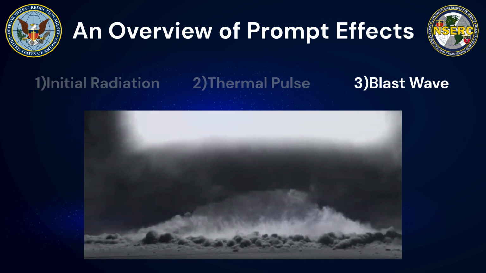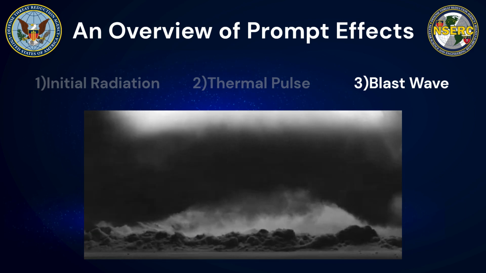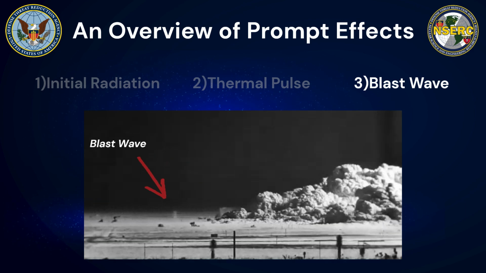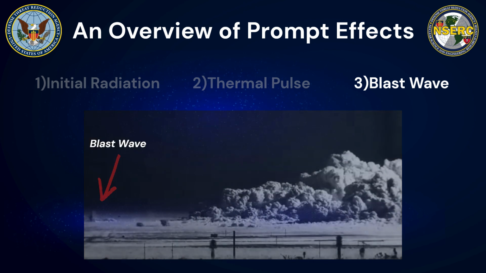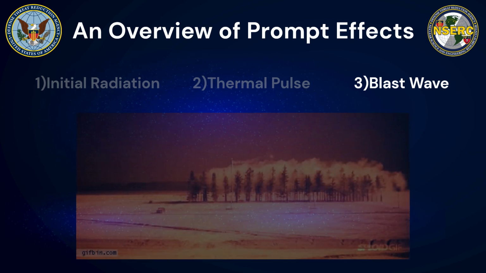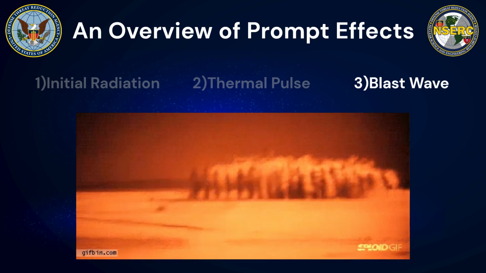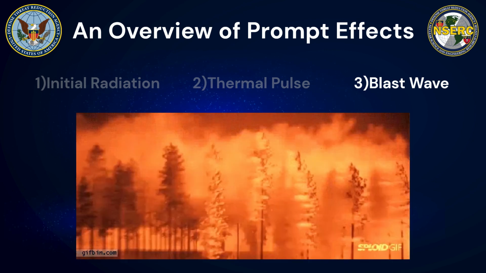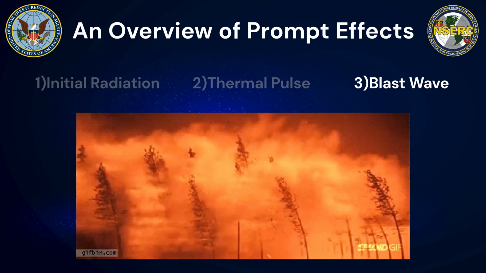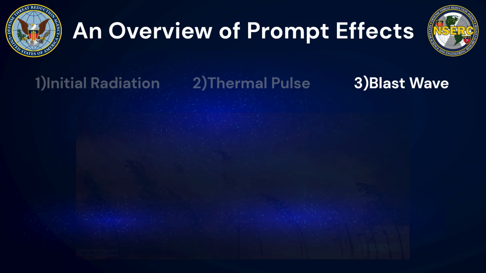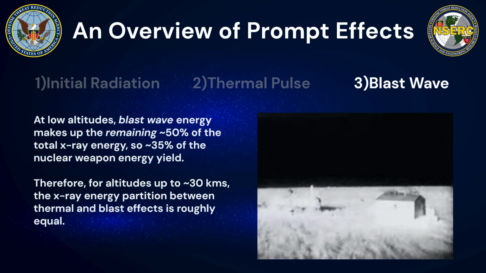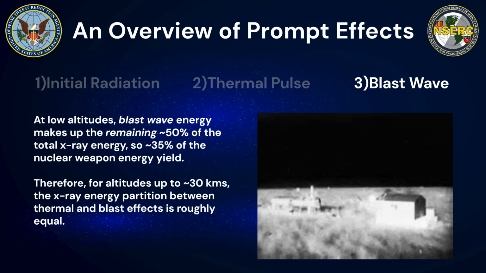However, the rate of fireball growth then begins to slow and shift to diffusive growth as the X-ray emissions conclude. As a result, once the outward rate of fireball expansion drops below the speed of sound, roughly 350 meters per second, a blast or shock wave separates from the fireball and travels radially outward in all directions at that speed.